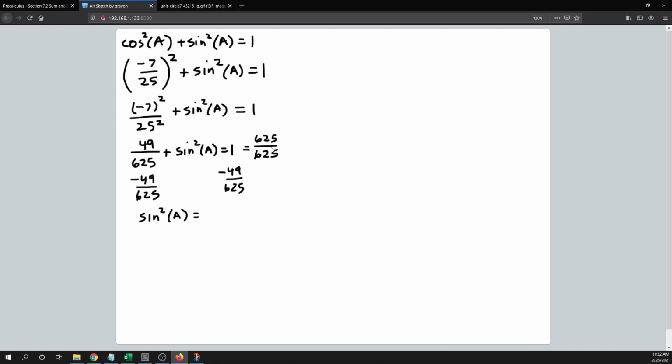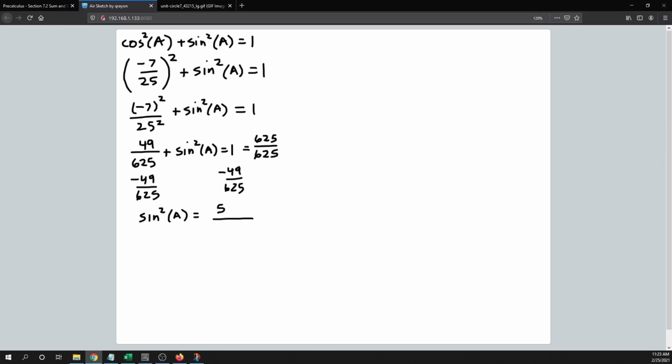Right, so 625 minus 49, that would be the top number. Let's see, I'll just do this over here quickly just to make sure I don't mess it up.